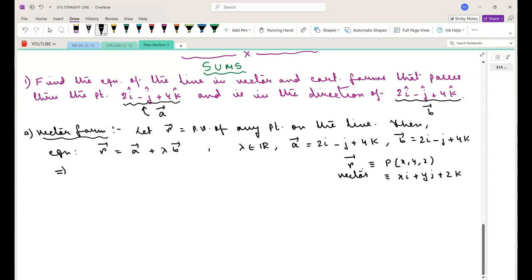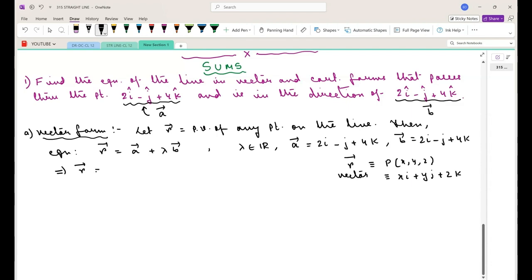So when we say it is a position vector r, if the coordinates of the moving point we take as x, y, z, then from the vector chapter you know that the position vector of that point P is xi plus yj plus zk. We don't need this here, because we are going to keep the equation in the vector form. So we keep r as it is. We'll need that when we do the Cartesian. So I'm not erasing it.